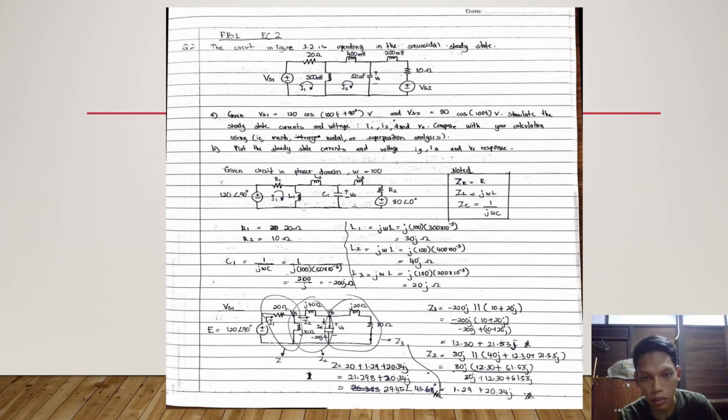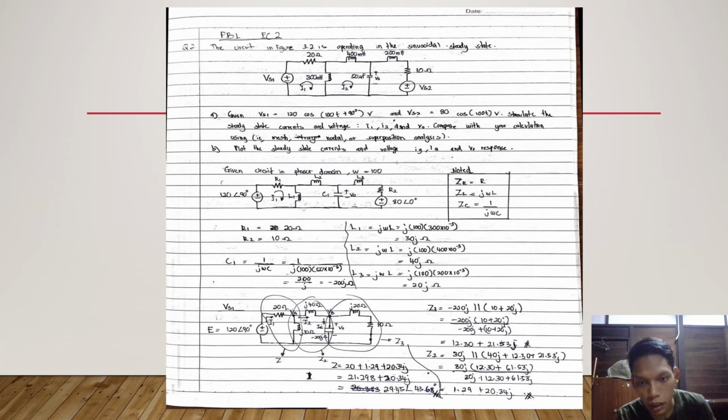As you can see, when only power supply one is chosen, we get the total resistance.